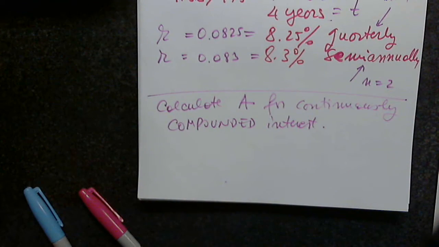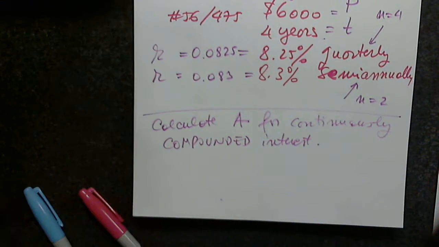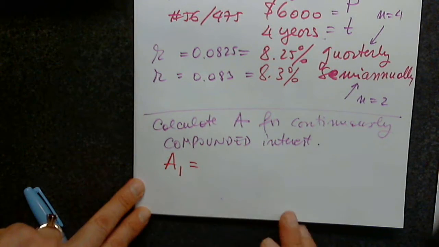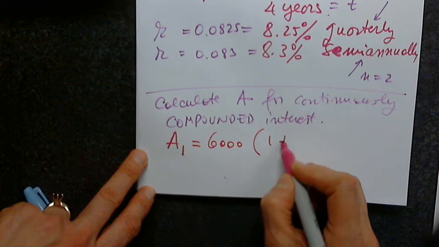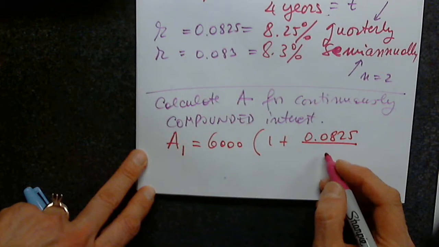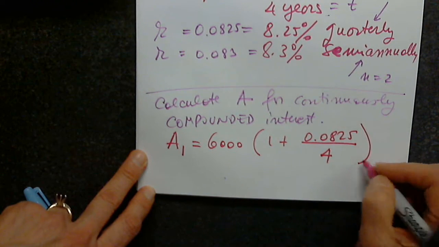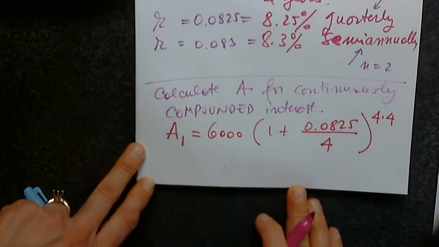First, we answer the original problem, the original question, and then we're just calculating how much we get when we compound interest continuously. Okay. So the first, A1, will be 6,000 multiplied by 1 plus 0.0825 divided by how much? 4. Raised to the power of nt, which is 4 times 4.